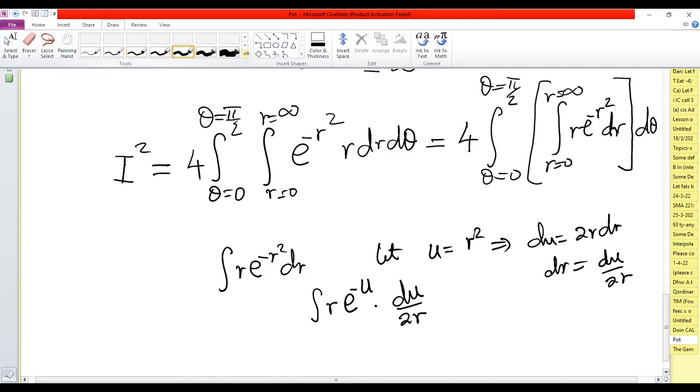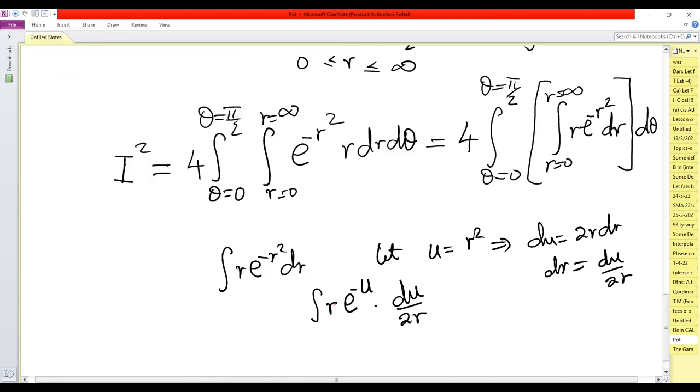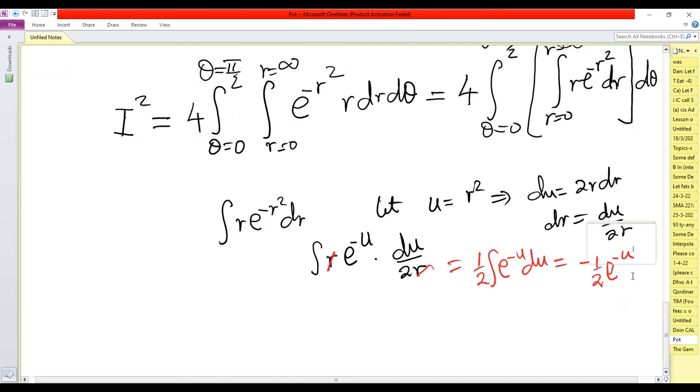The r and r cancel out, so we have a half the integral of e raised to power minus u du, which is negative a half e raised to power negative u. So the integral of r e raised to power negative r squared dr is negative a half e raised to power negative r squared.